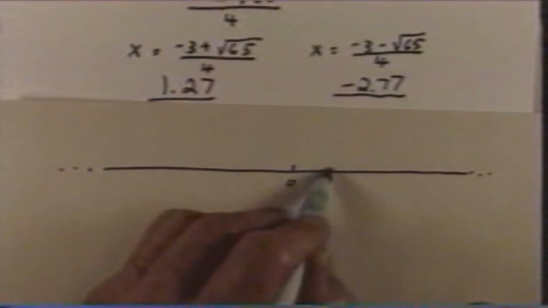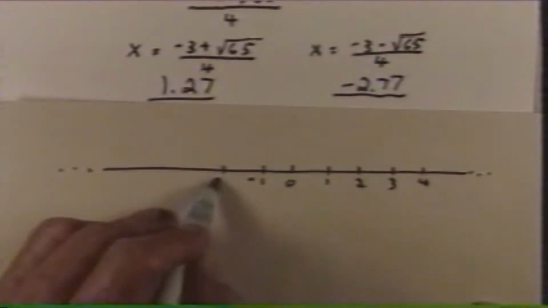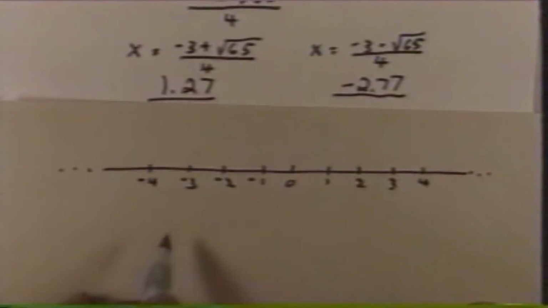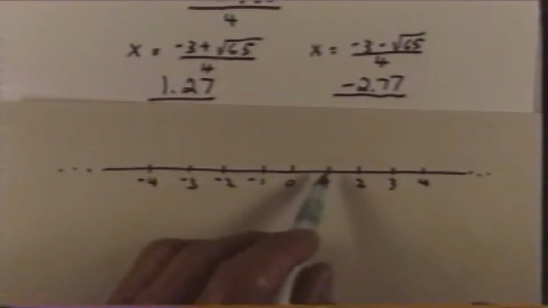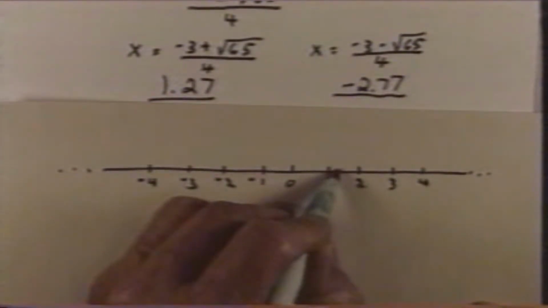This will be 0, 1, 2, 3, 4, negative 1, negative 2, negative 3, negative 4. Okay, 1.27 is going to be somewhere between 1 and 2, a little closer to 1. And I've got to use a solid dot.